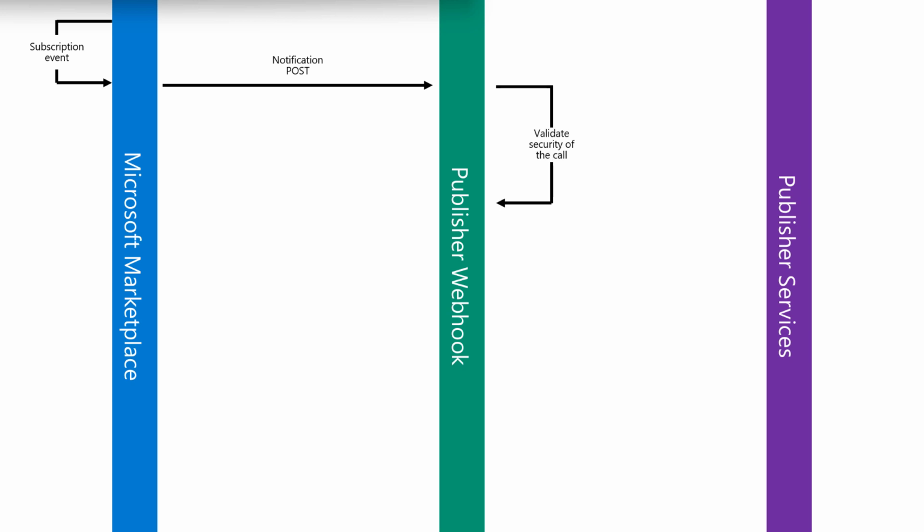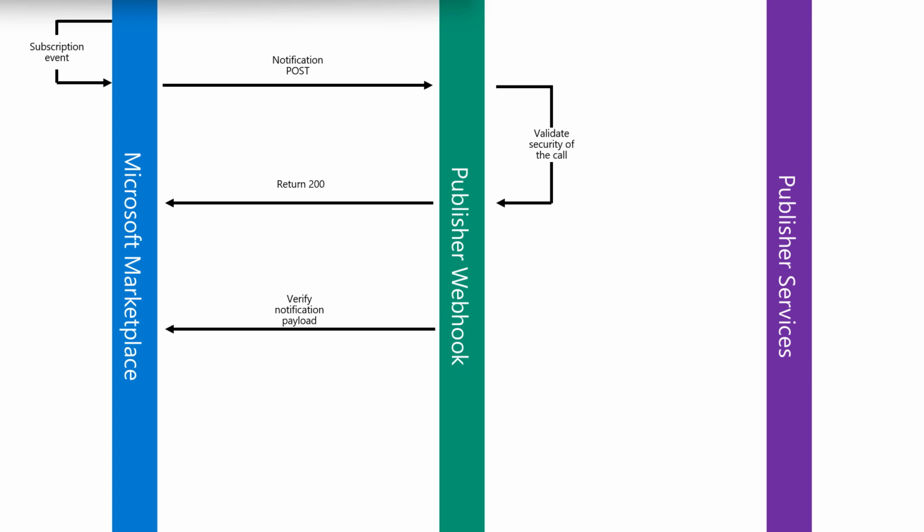Now it's up to the publisher's webhook to validate the security of that call, which we'll get into in a future module. From there, we typically return a 200 back to the Microsoft Marketplace, letting it know that their request has been handled successfully. And one more thing we might want to do, though, is verify the notification's payload.